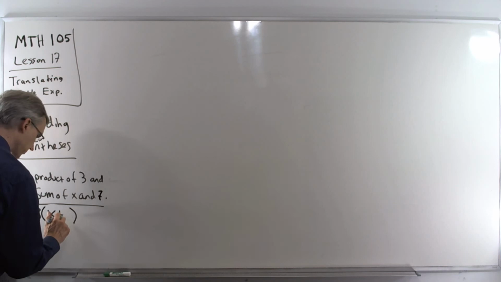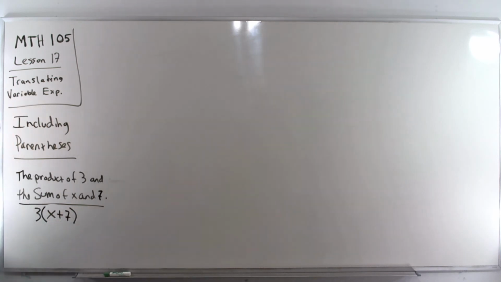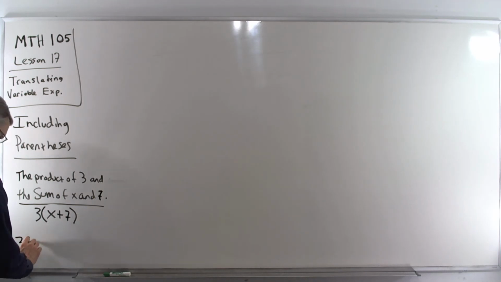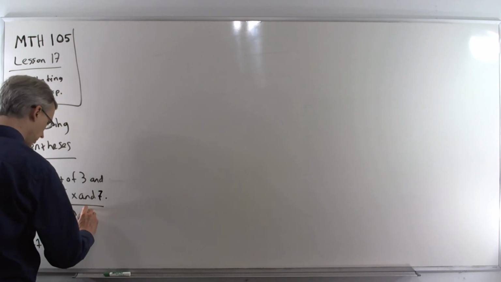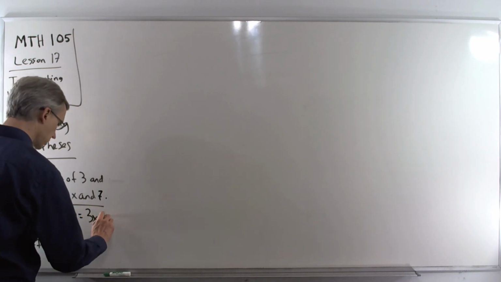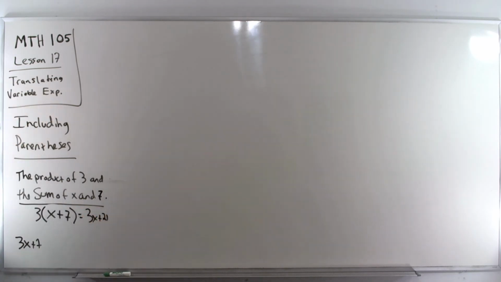Except the y. There we go. All right, now, if we had not included the parentheses, we would have 3 times x plus 7, or 3x plus 7. But when we distribute, this ends up equaling 3x plus 21. So a very different result. So make sure you include parentheses whenever you're multiplying by things that are added or subtracted.